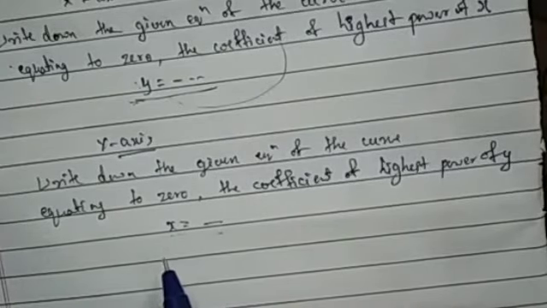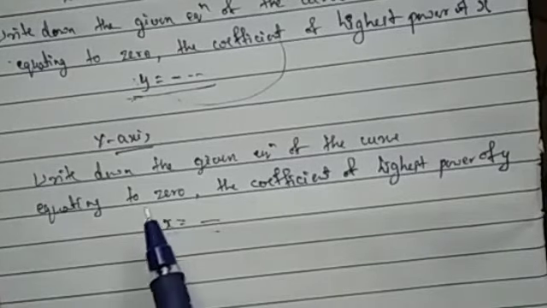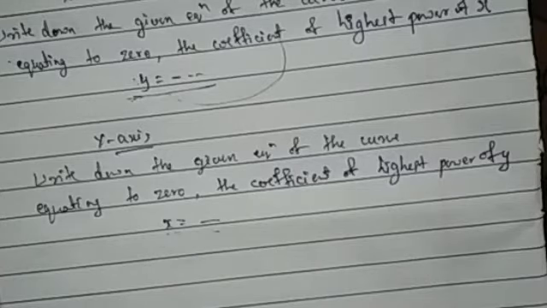They are the asymptotes which are parallel to the y axis. Sometimes the coefficient of highest power of y is constant, so we say no asymptotes parallel to the y axis. Got it?